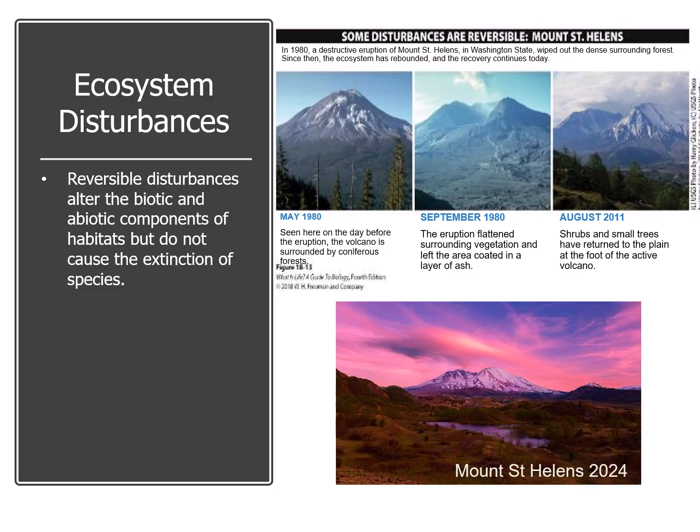Now, not all ecosystem disturbances are going to be man-made. Some of them are perfectly natural. Think about Mount St. Helens. Once again, we're in the Pacific Northwest. I visited Mount St. Helens a few years ago, and it is stunning. I highly recommend visiting if you get the chance.